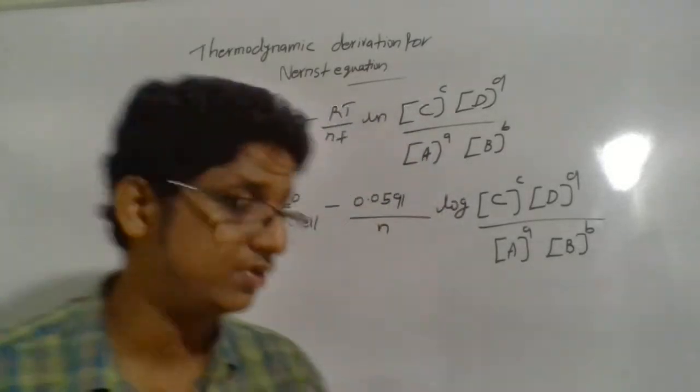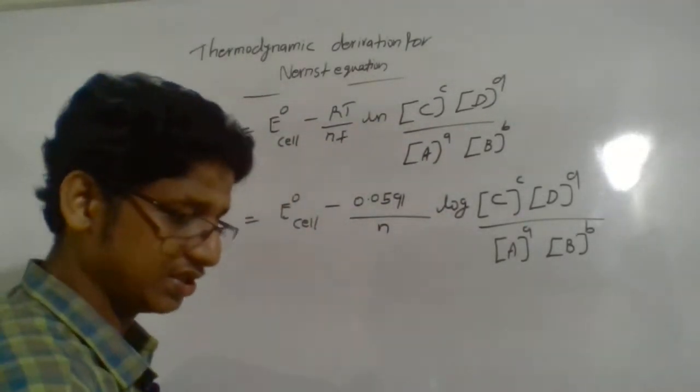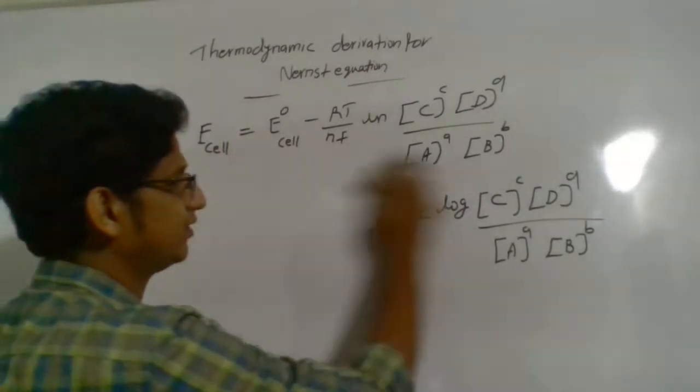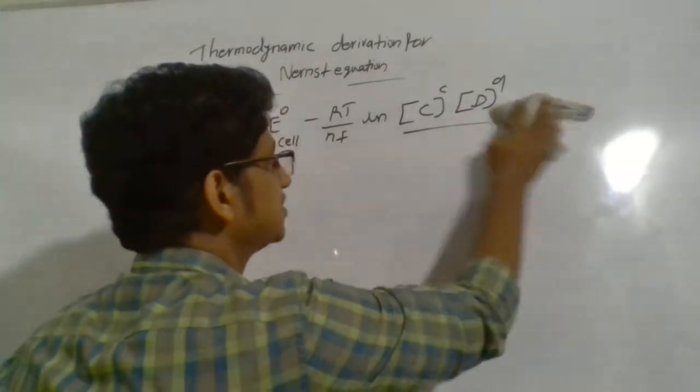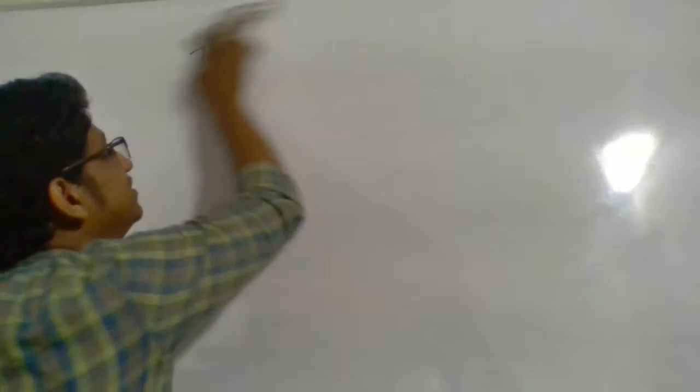Similarly, this is the Nernst equation for a cell reaction. Now, in a similar way, you can have an expression for the electrode potential of an electrode.